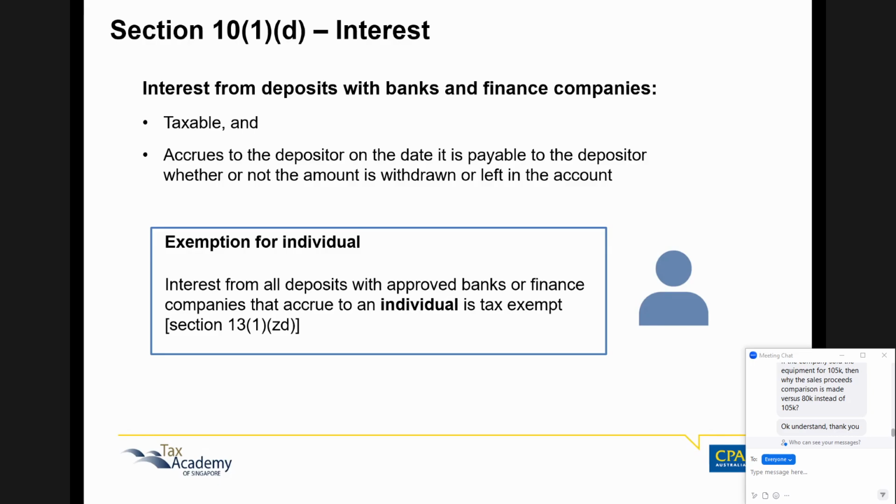But for companies, this interest income is taxable. The question is whether it is Singapore source or foreign source. Singapore source, so long as the bank has deposited your interest in your Singapore bank account, is taxable. But if it's a foreign source, it will only be taxed when the company remits the amount back to Singapore.